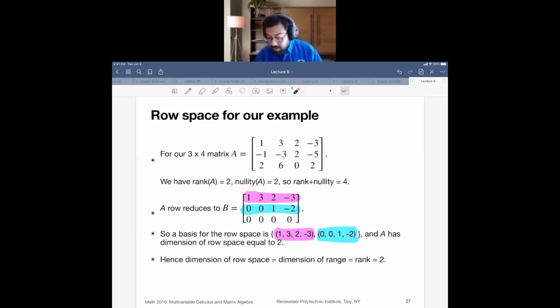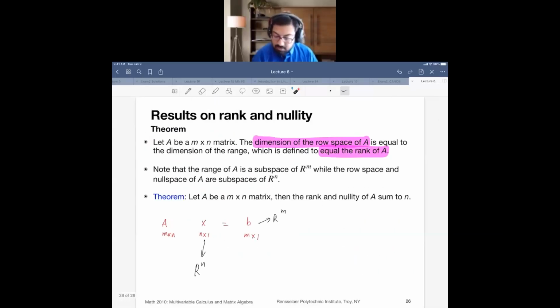So how many vectors do you have in the basis of the row space? Well, there are 2 of them. So the dimension of the row space equals 2. The dimension of the row space over here equals the rank, 2 and 2, right? So this validates that statement: the dimension of the row space equals the rank, or rank is defined as the dimension of the range.